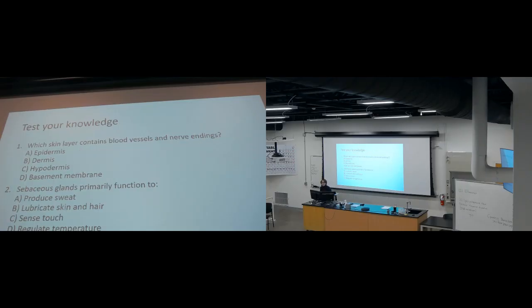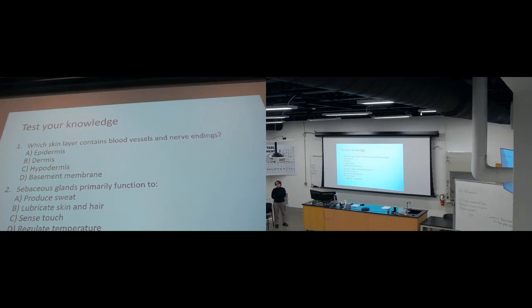Test your knowledge questions. Which layer of the skin contains blood vessels and nerve endings? A, B, C, or D? And you can start eliminating answers. That helps a lot when you don't know the right answer. So which one from there will you eliminate first? What is not skin in there?